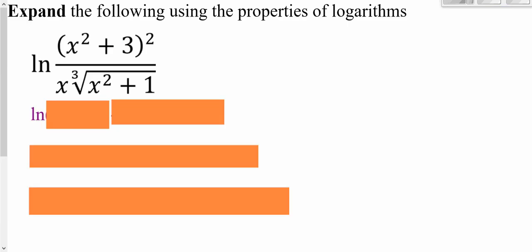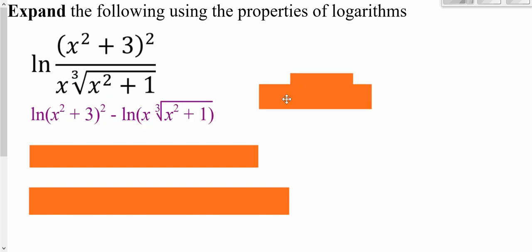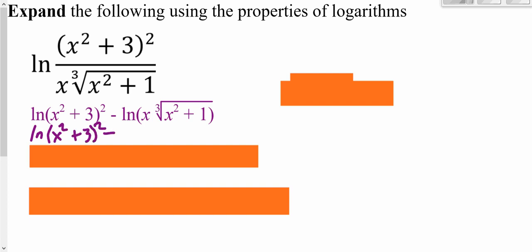So, just reviewing some algebra 2 stuff, if you wanted to expand this using properties of logarithms, you have the log of two things divided, so you go log of the top minus log of the bottom. Now, for the second part, I'll just rewrite this: natural log of x squared plus 3 squared, minus. Now, when you look at the second part, you really have two things multiplied.